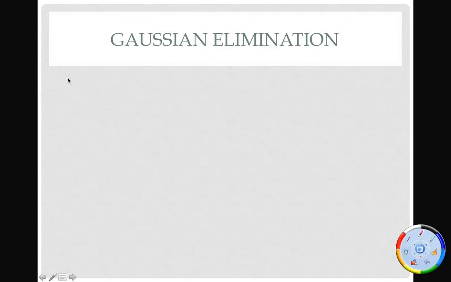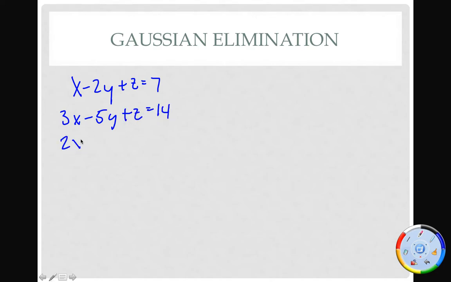Say we have this system: x minus 2y plus z equals 7, 3x minus 5y plus z equals 14, and 2x minus 2y minus z equals 13. There's all sorts of things that you can do to this. I honestly think this is a little bit more daunting than using the matrices to solve, but I'll show you what we're going to do here.